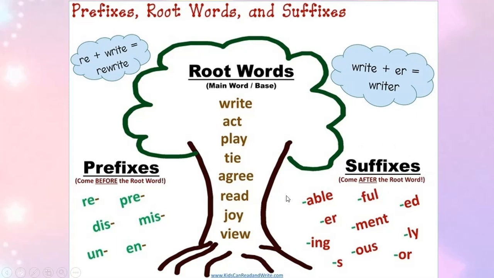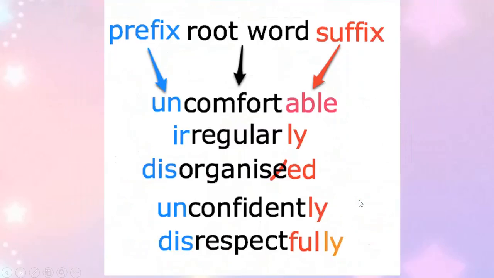So where do suffixes come? After the base word. Like in these examples, we have comfort, we can make it uncomfortable. Regular becomes irregular, and we make it also an adverb by saying irregularly.